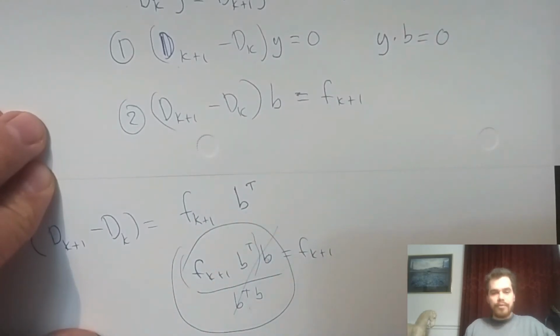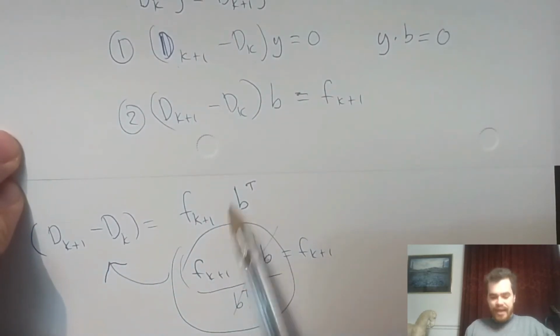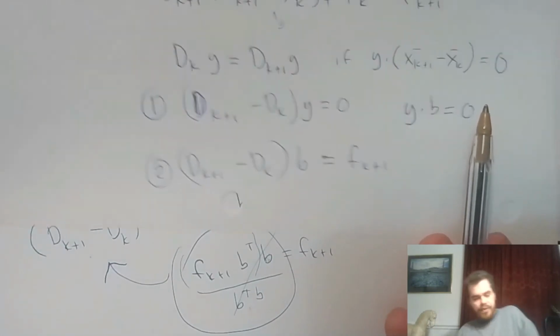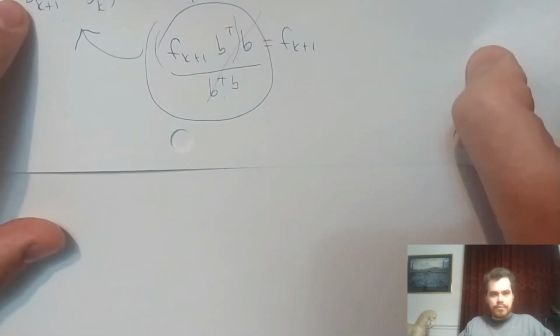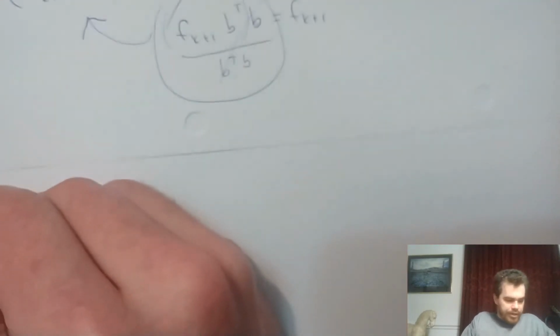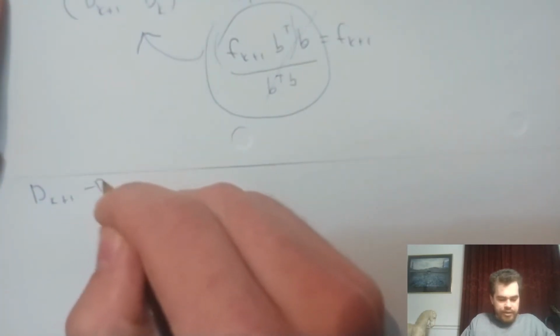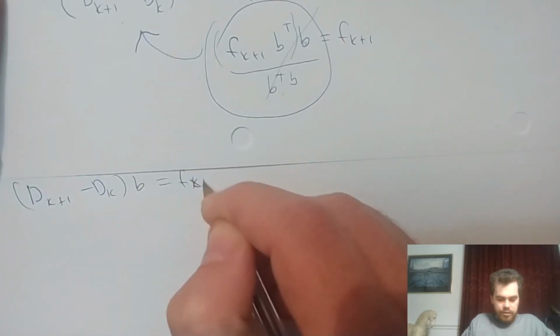This right here, that's an expression that satisfies this difference in approximate Jacobians. If we plug this in, let's do it. I needed to see it myself, so I will do for you what was done for me. Our first condition was dk plus 1 minus dk times b is equal to fk plus 1.